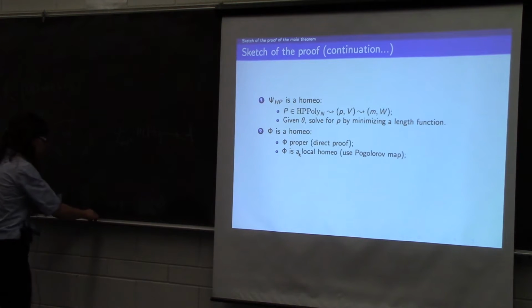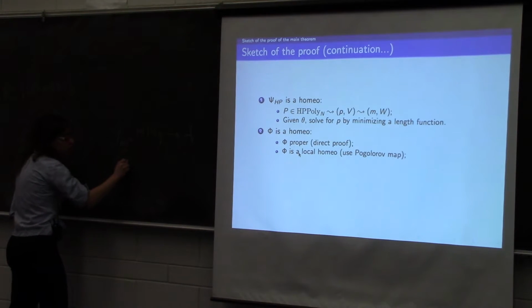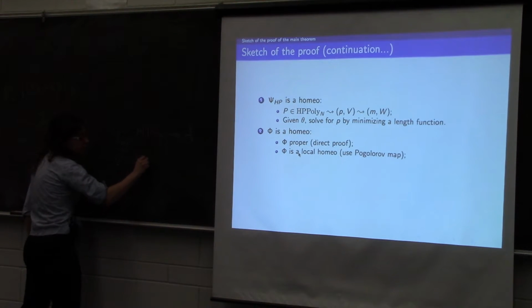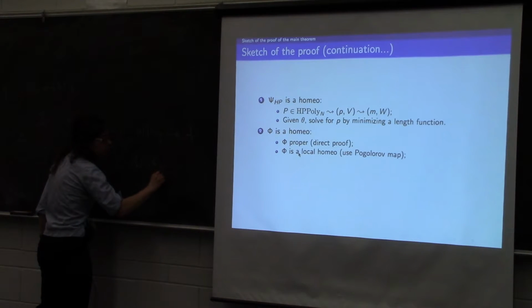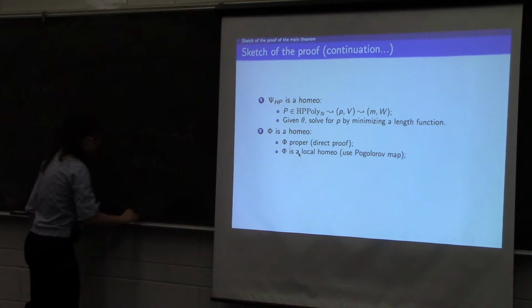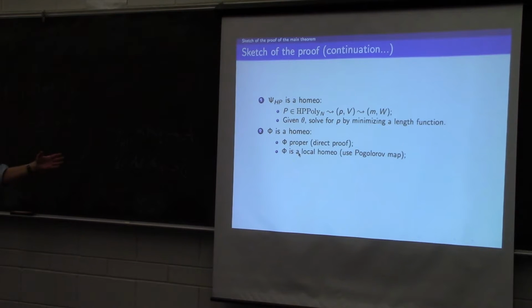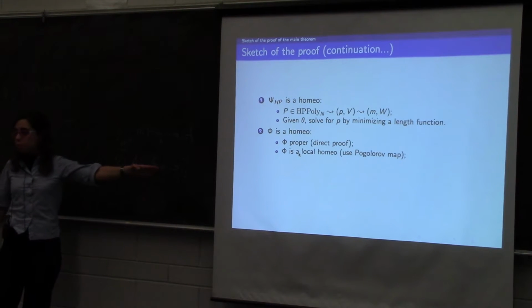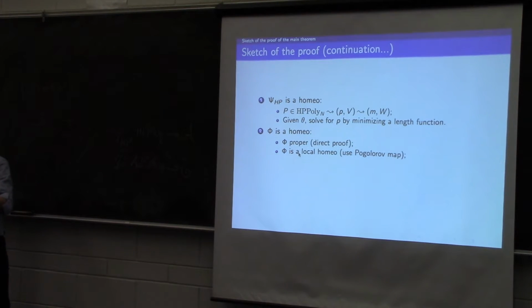Okay, so this second map was a map from anti-de Sitter polyhedra into Teichmüller space. First we prove that the map is proper. That we do constructively, we just look at what degenerating means in the different spaces.